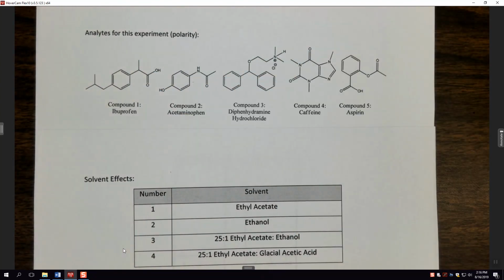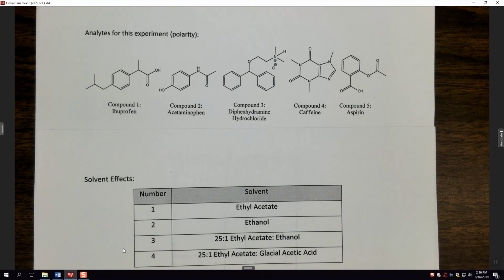Are you going to be 100% sure that that's correct? No. With these molecules, it's impossible to be 100% sure about which one's going to have more or less polarity in a particular system of silica gel and a mobile phase.